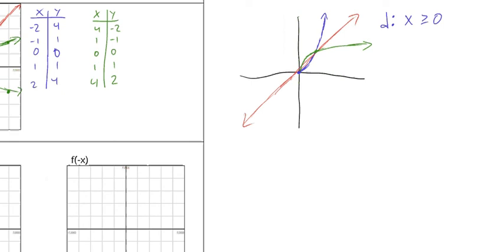Notice that our first graph was y equals x squared, but only with the domain of x values greater than or equal to 0. Now, when we take the inverse, this time we will have an inverse, because we will have the equation x equals y squared, but still with that same domain of x is greater than or equal to 0.